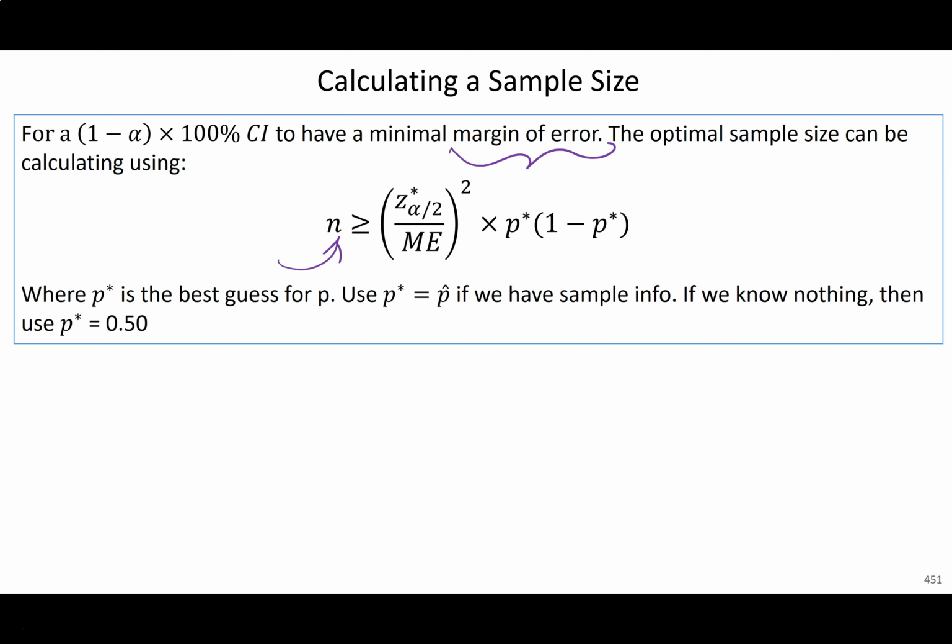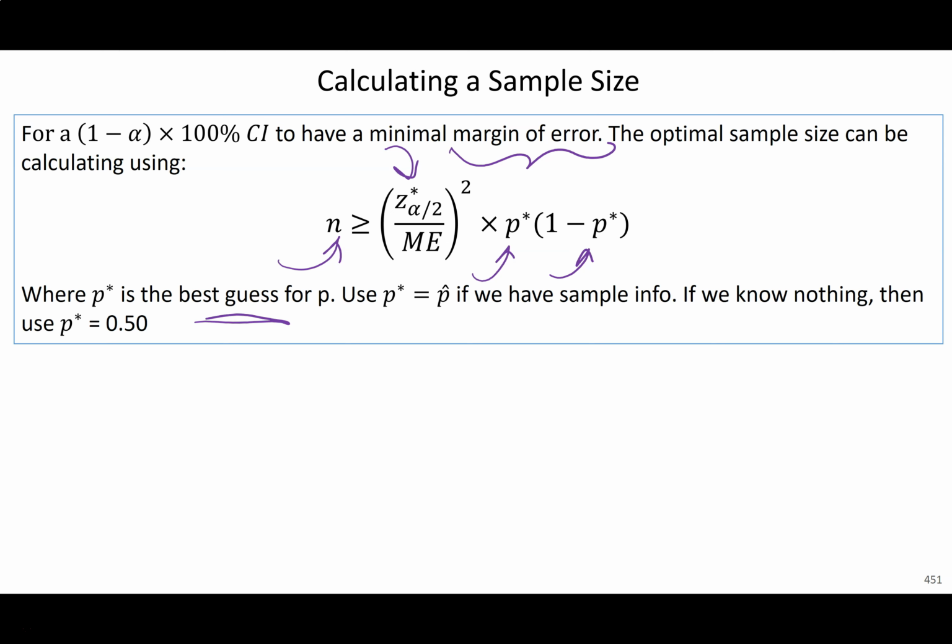That kind of idea. The difference we do have, so you'll have the same Z-star. You'll put your margin of error there. Remember, these are proportions. You don't want to put percents at all. It will go sideways. Times P star times 1 minus P star. So what P star is, that's our best guess.